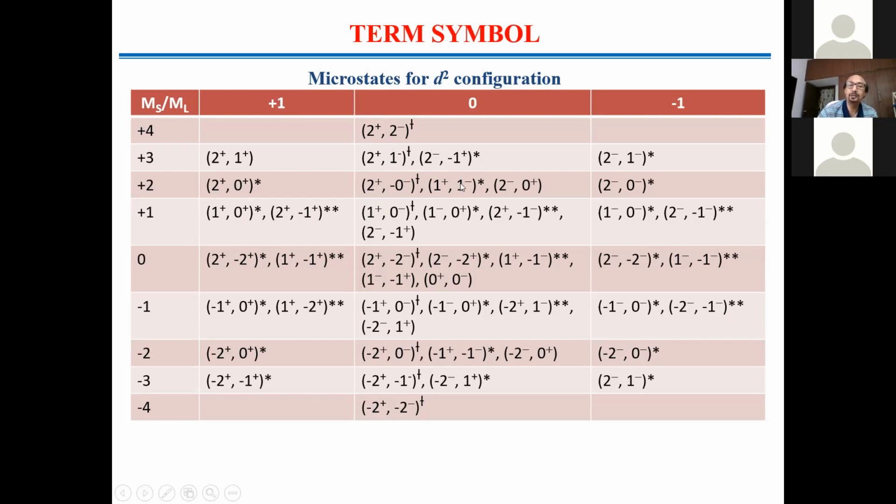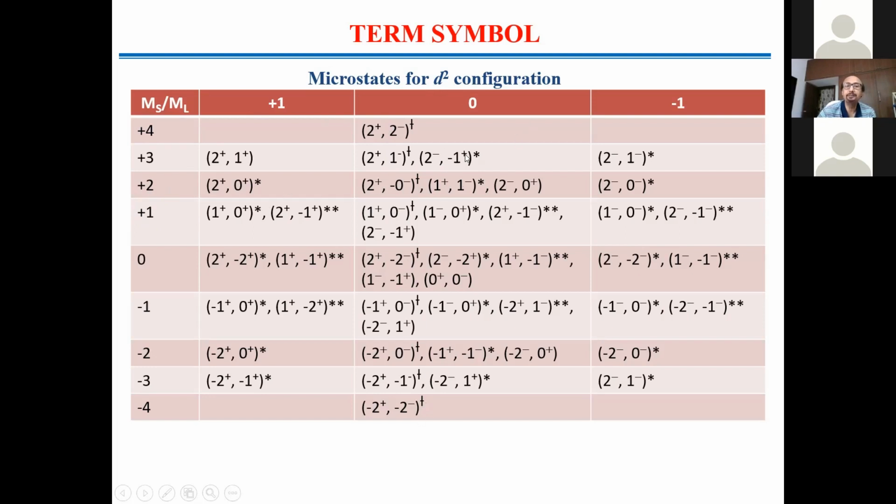You can take this one also, it doesn't matter. You take this part or that part, it does not matter, but overall L, ML and MS have to be maintained.